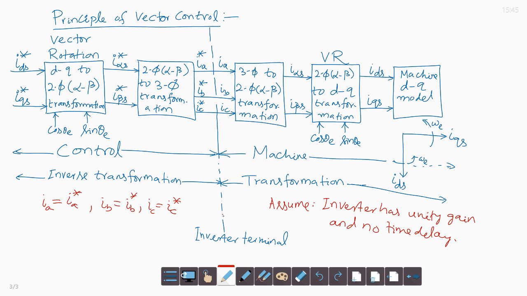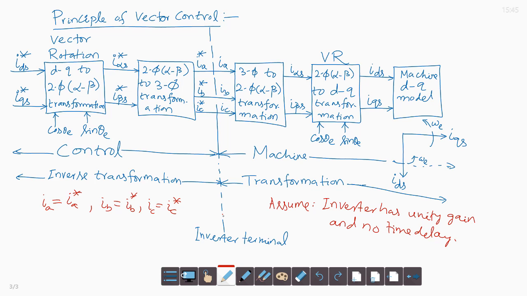Inside the motor, we consider the motor model in the DQ frame. So, it has two current components IDS and IQS orthogonal to each other, with the reference frame rotating at synchronous speed. Inside that, the transformation from 3 phase to 2 phase and then from 2 phase to 3 phase occurs through vector rotation using the unit vector, and IDS and IQS are the machine currents.